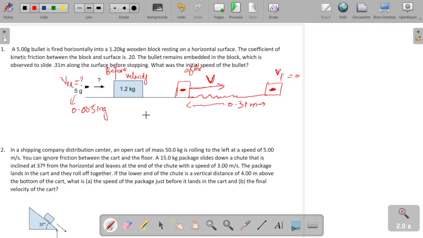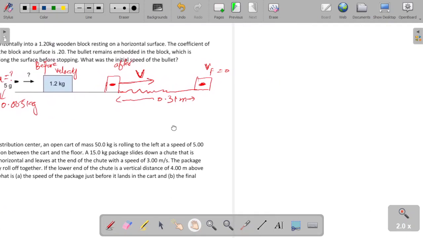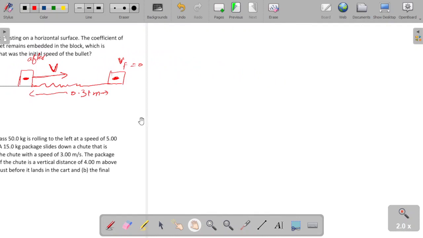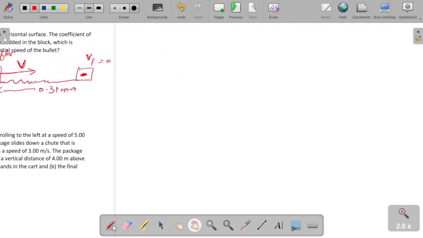So we start this problem with the help of the law of conservation of linear momentum. According to it, when there is no impulse acting on the body, the linear momentum remains conserved. The external force F is 0, so there is no external force, which means that delta p will be 0.